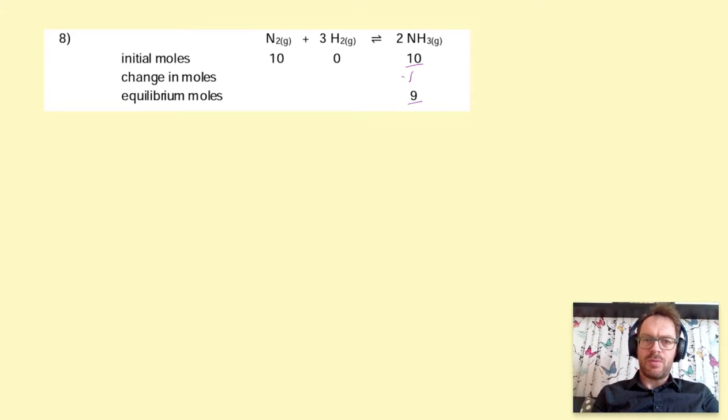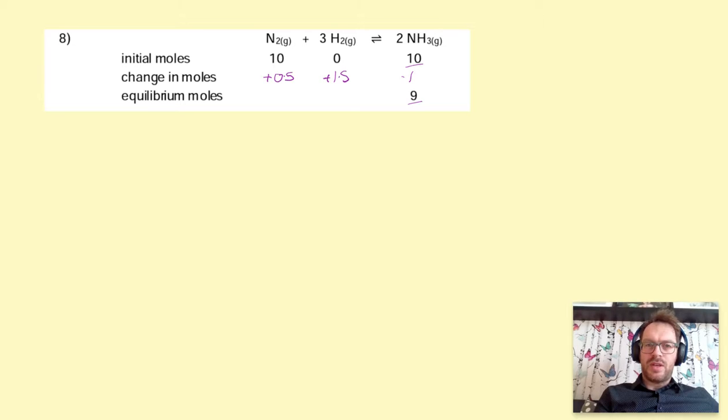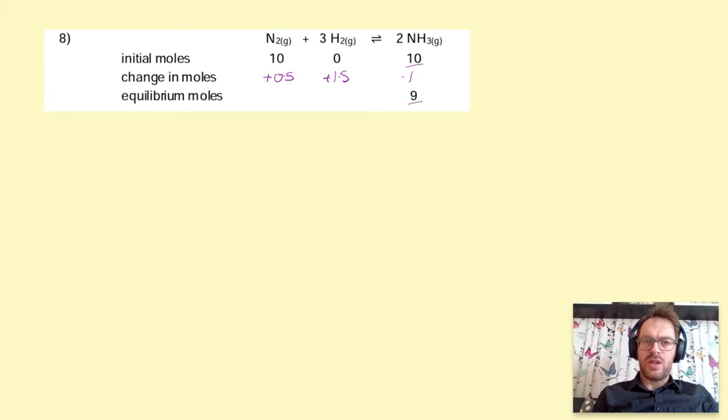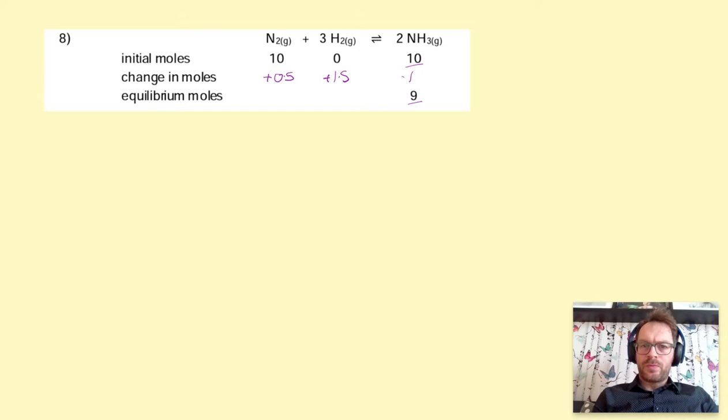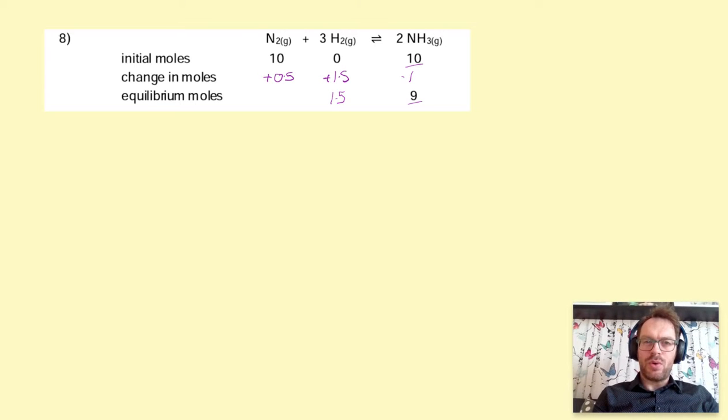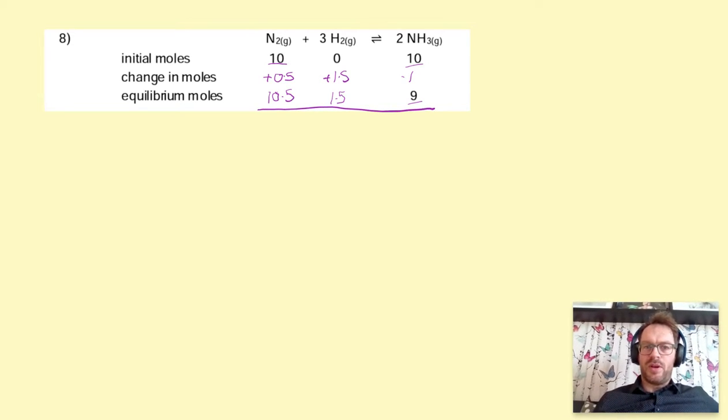So we're going to increase our moles of hydrogen by 1.5, and we're going to increase our moles of nitrogen by 0.5, because that fits the ratio of the reaction, and the equilibrium moles down below are then going to be 1.5 for the hydrogen, and with the nitrogen we've already started with 10, so we need to do 10 plus the extra 0.5. So our equilibrium moles are 10.5, 1.5 and 9.